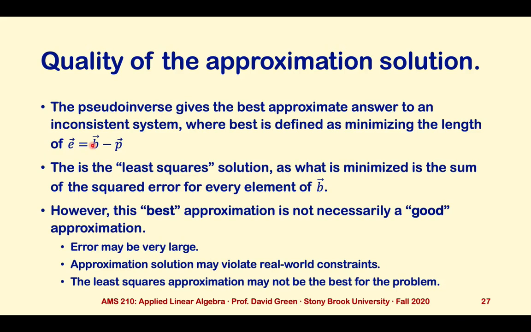We looked at an example in the exam, for instance, where some of the equations were expressed in terms of hours available by different types of workers, and another equation was a dollar value of plants for a restoration project. When you have very different units, minimizing the length of the vector is treating every term identically. And when the units are different, that might not be appropriate.